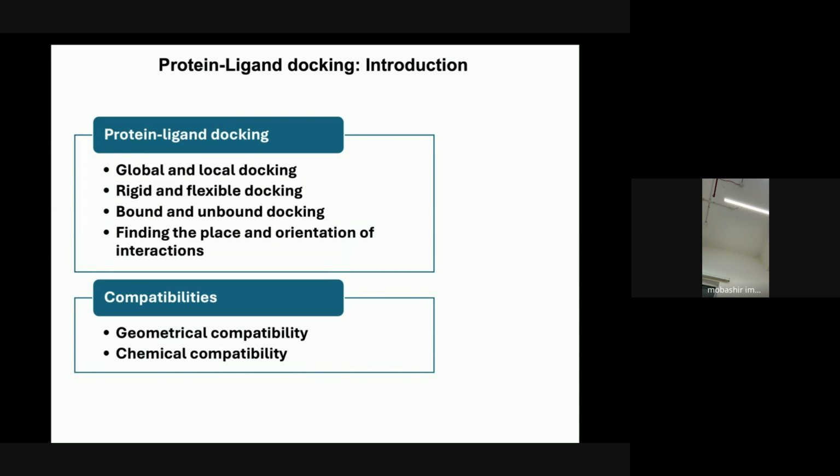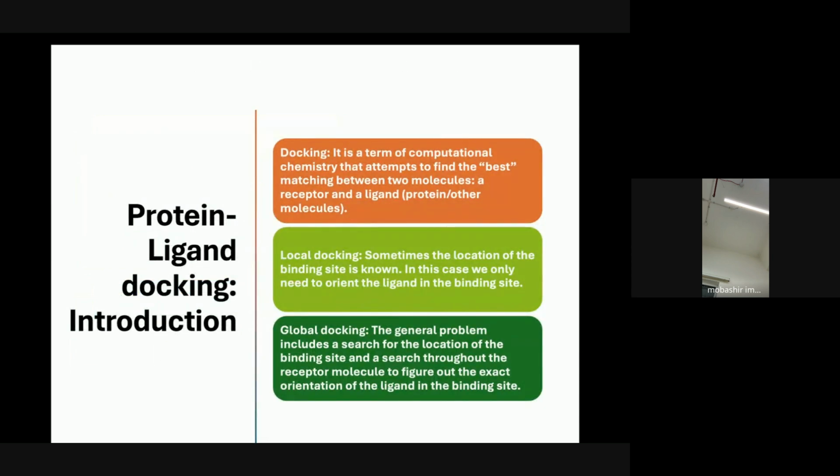Then it goes to compatibilities, that is geometrical as well as chemical compatibility. Docking is a basic term in computational chemistry that attempts to find the best matching between protein and ligand. Here a receptor stands for the protein.